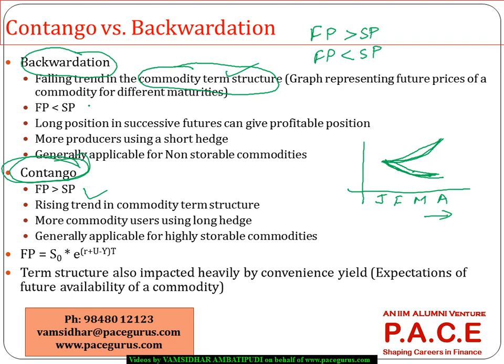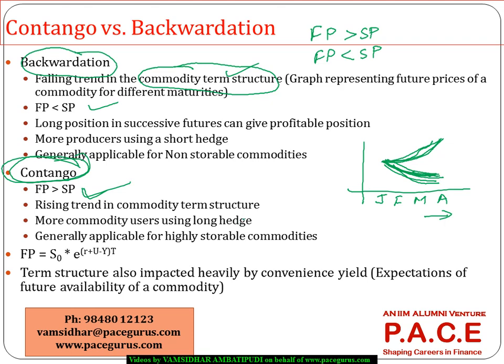So in case of backwardation, we always see that the forward price is less than the spot price, whereas the forward price is greater than the spot price in case of a contango market. And we see a falling trend in the commodity term structure, whereas in case of contango we see a rising trend. And when will the prices be falling like this?